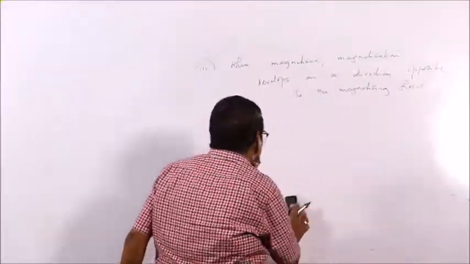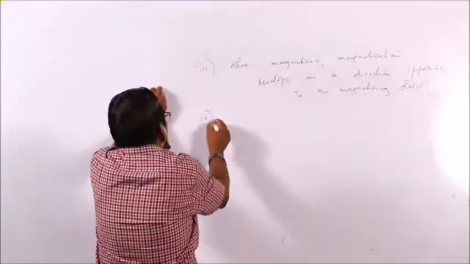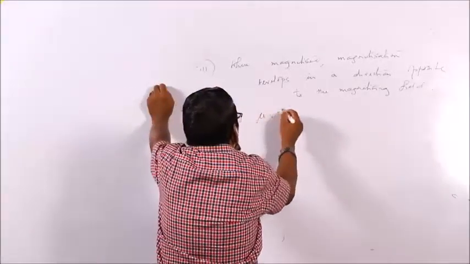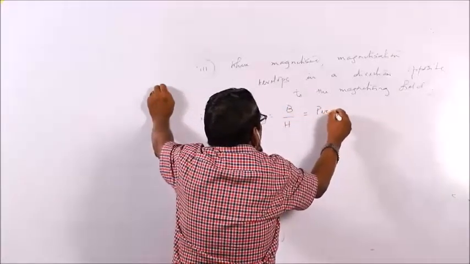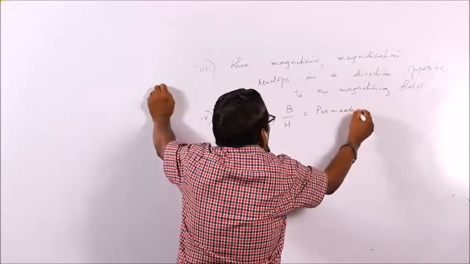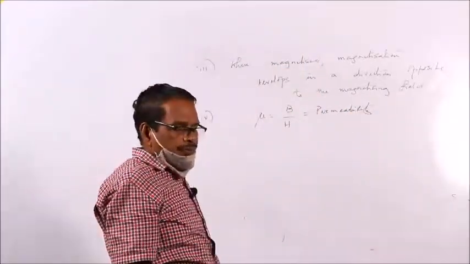Next, fourth property. As you know, permeability mu is B by H. What is the permeability of a diamagnetic substance?